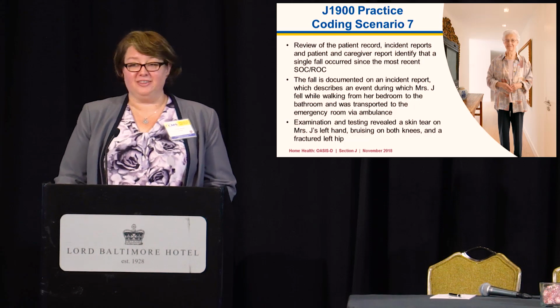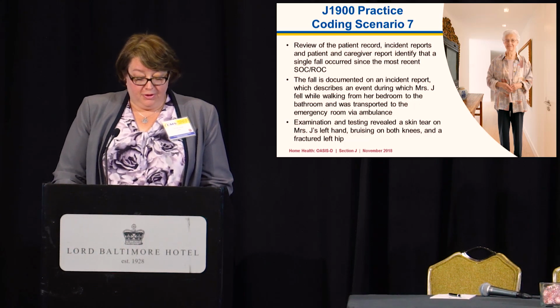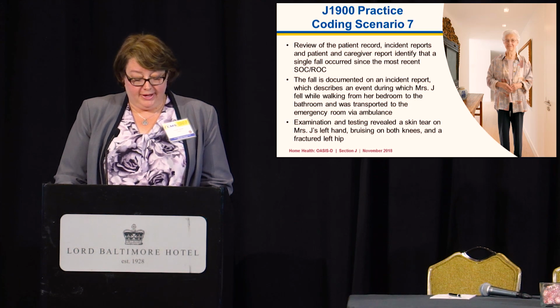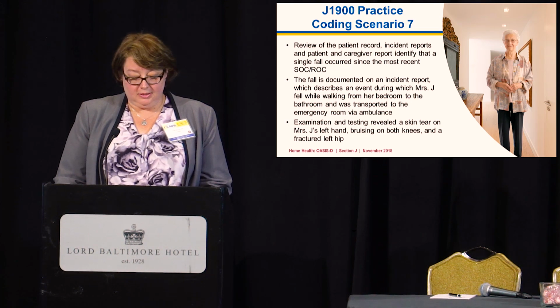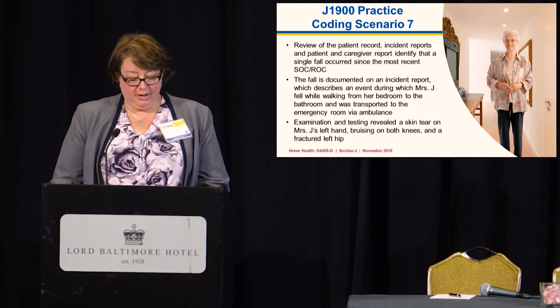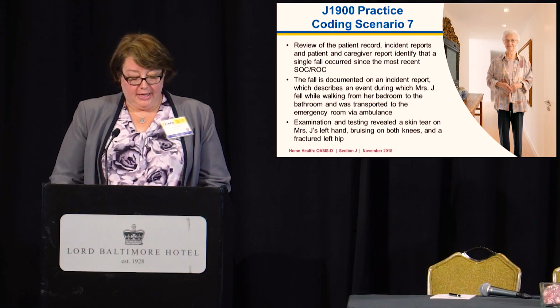Let's take a look at another scenario. The review of the patient's record, incident reports, and patient and caregiver report identifies a single fall occurred since the most recent SOC/ROC. The fall is documented on an incident report, which describes an event in which Mrs. J fell while walking from the bedroom to the bathroom and was transported to the emergency room via ambulance.